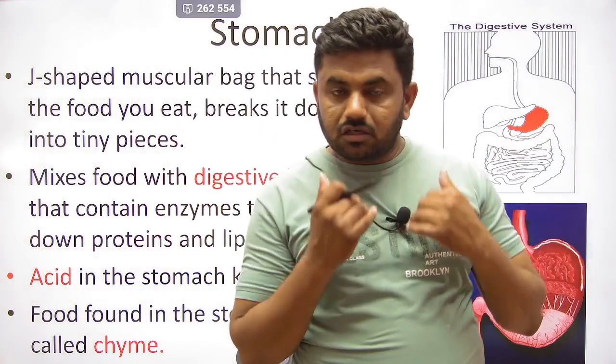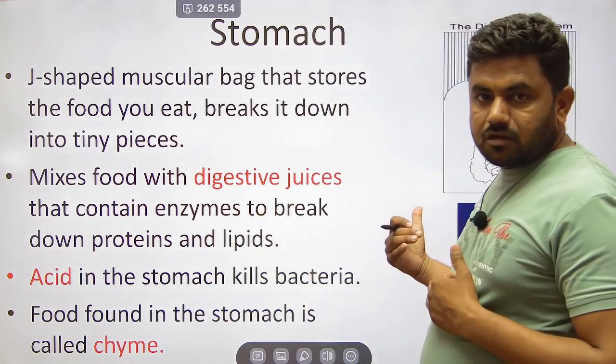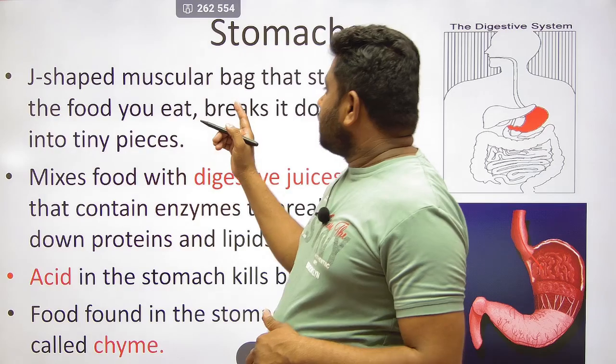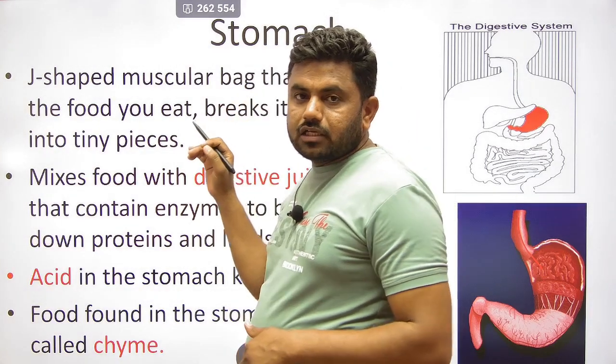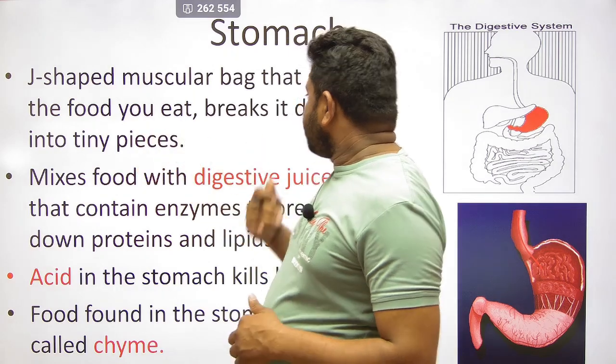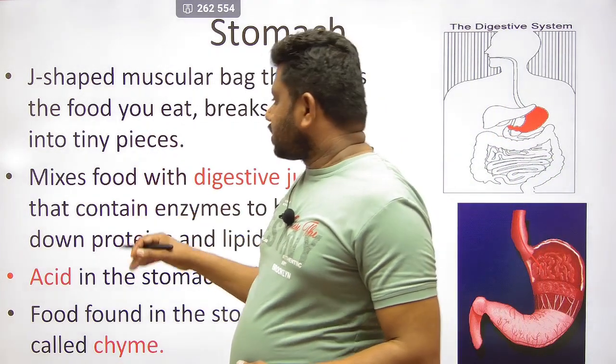When food enters the stomach, the J-shaped structure is here, and that food enters inside there. We can say it is a muscular bag that stores the food you eat and breaks it down into tiny pieces, and the digestion process starts from there.